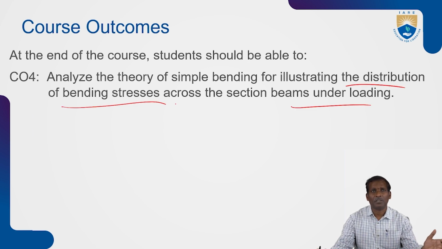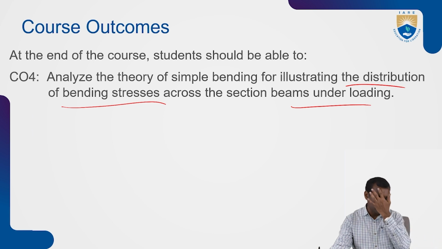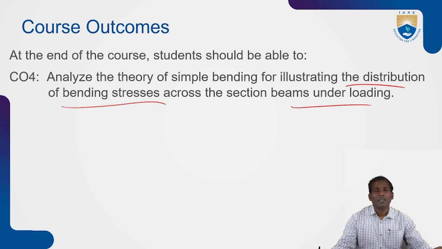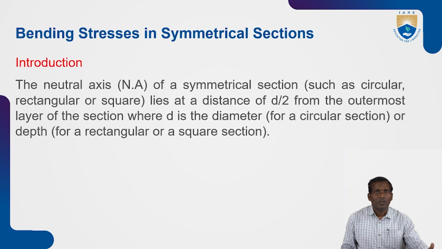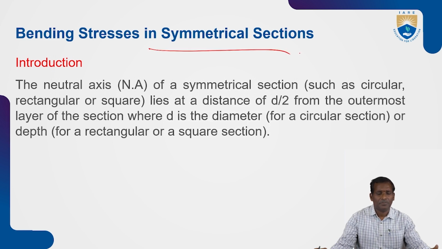So now in this session, I want to explain the distribution of bending stresses and shear stress distribution across the sections whenever the beam is subjected to loading. So, the bending stresses in symmetrical sections. First we will discuss the introduction.